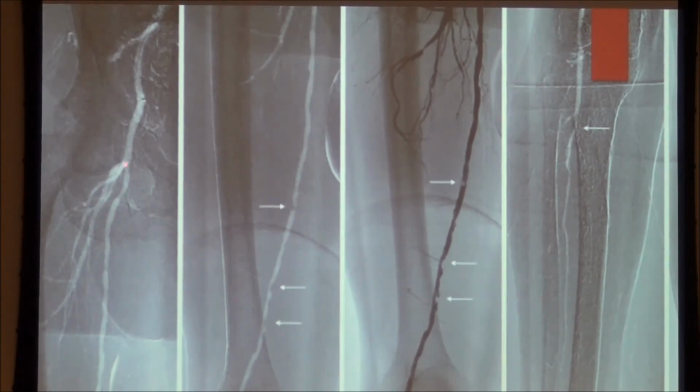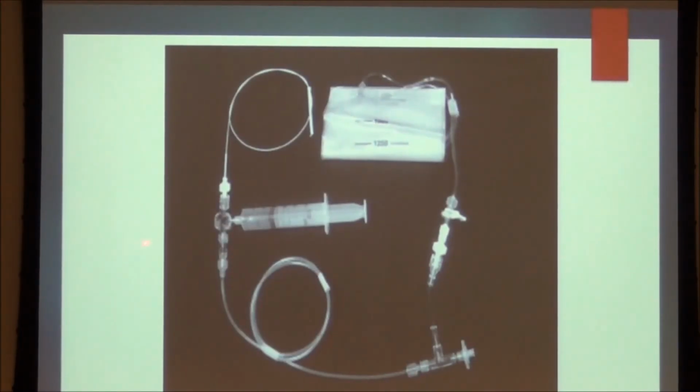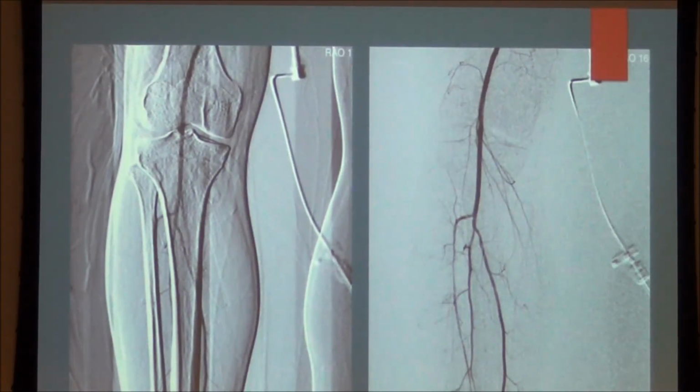It's the femoral bifurcation, SFA, and this is another CO2 angiogram for tibial vessels, which shows narrowing here. Usually we fill this bag with CO2 and aspirate the CO2 and inject it through the catheter.